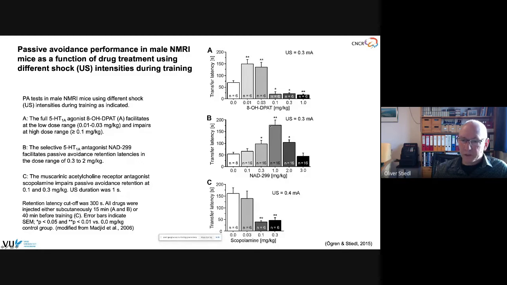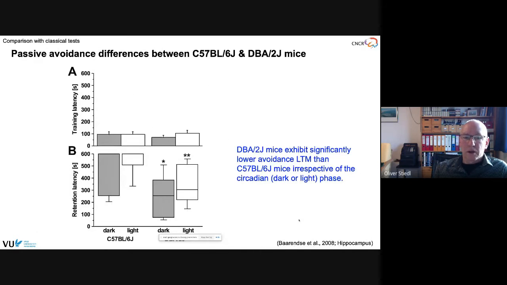The last thing is, of course, you can also use a muscarinic acetylcholine receptor antagonist like scopolamine, which of course is used for models of cognitive impairment. And you can nicely find as well that here you see a massive impairment. So I have transferred this again to the DBA and C57 comparison, and while the training latencies are similar, there is a little difference, but these animals have been habituated to this.